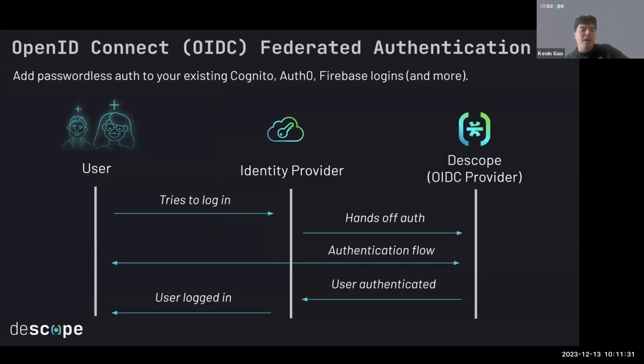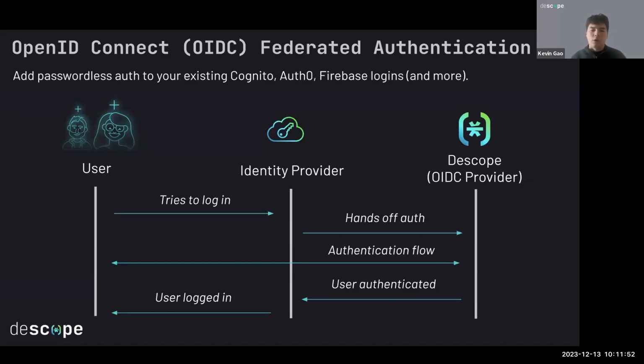Now, when it comes to OpenID Connect, this is essentially the way in which something like Descope can work in tandem with something like Cognito or Firebase or whatever other authentication services you might already have. This is a well-regarded standard of federated authentication.